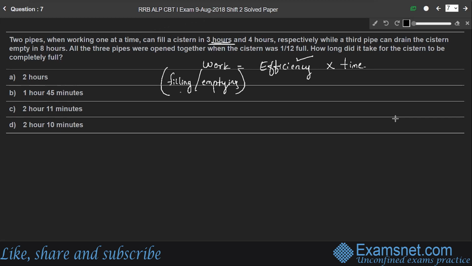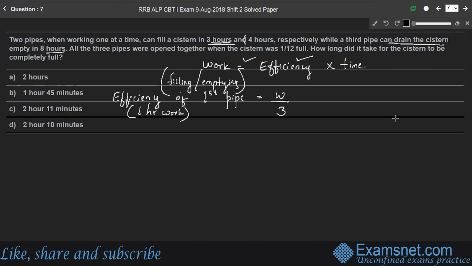So here 2 pipes can fill the tank in 3 hours and 4 hours respectively. Separately they can fill the tank in 3 and 4 hours, while the third pipe can empty the cistern in 8 hours. Therefore, we'll consider the efficiency of the first pipe, or 1 hour work. 1 hour work of first pipe is equal to W by 3.